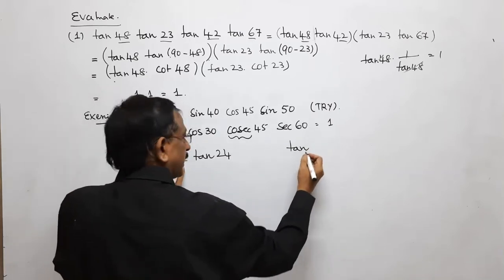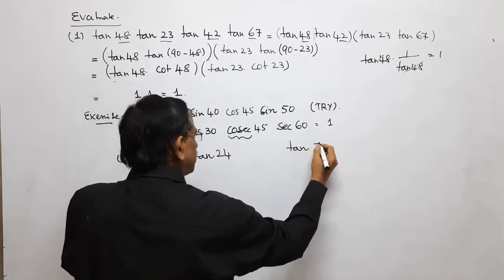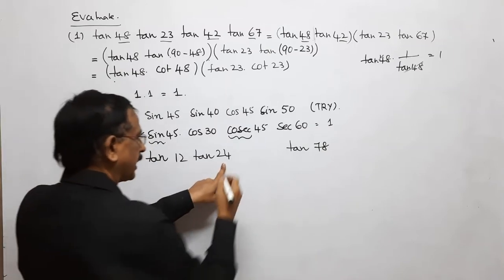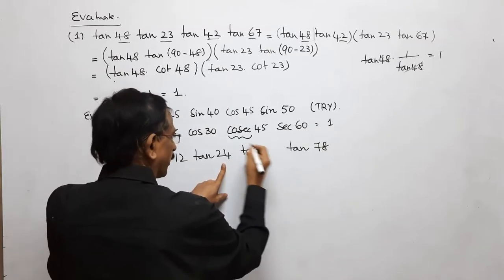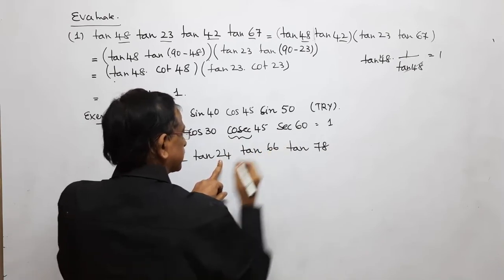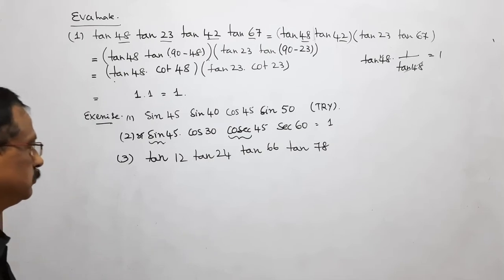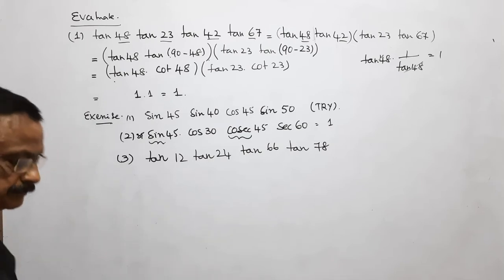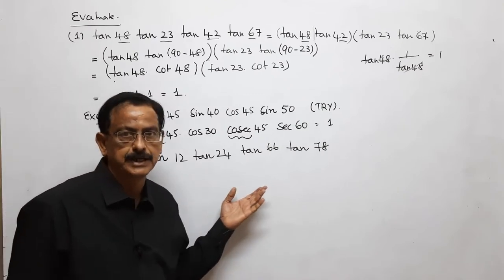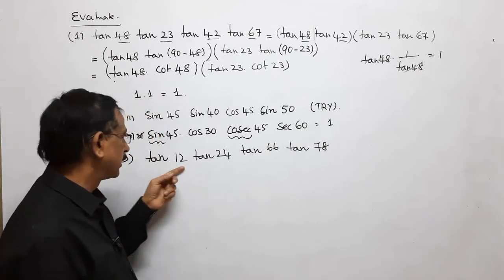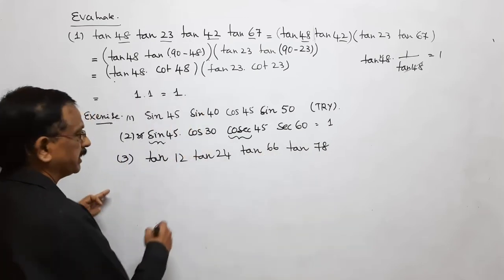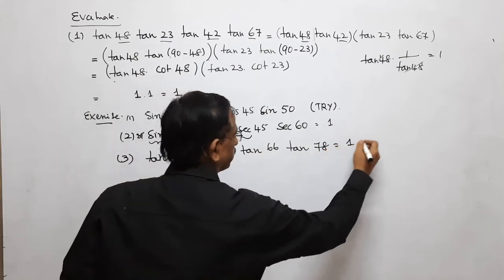The complementary angle for 12 is 78, and for 24 it is 66. Now this is a straight question: tan 12 into tan 24 into tan 66 into tan 78. Show that this is 1. Prove.